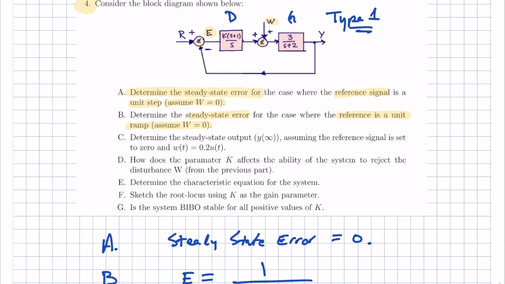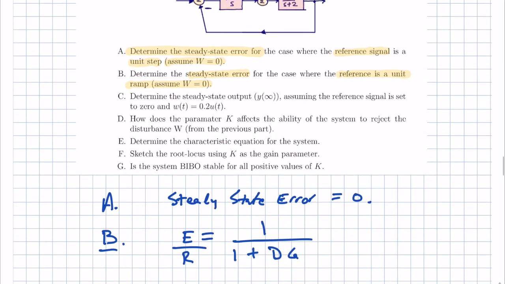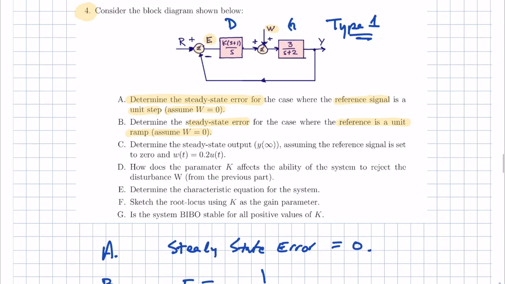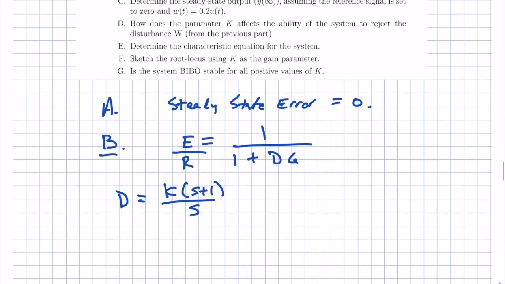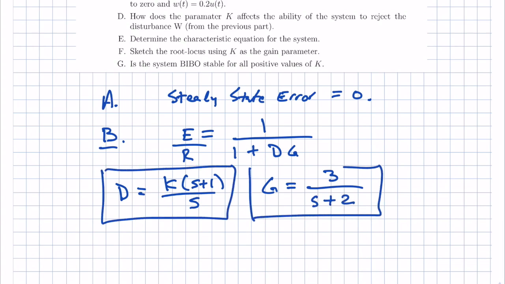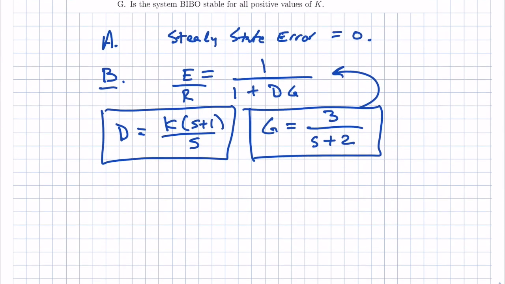All right, and so we can identify D. We know D is K times S plus 1 over S. And we can look back up here and we can see G is 3 over S plus 2. So we have these two things that we can plug into the error transfer function. Okay.